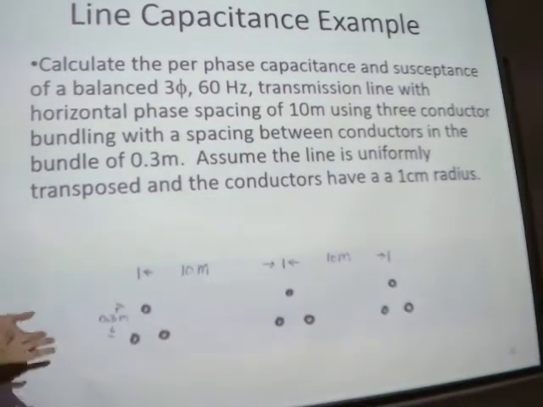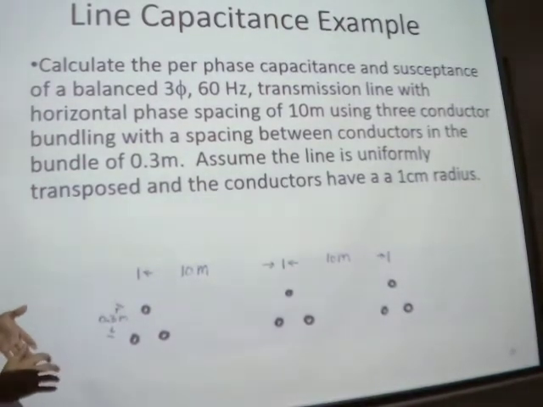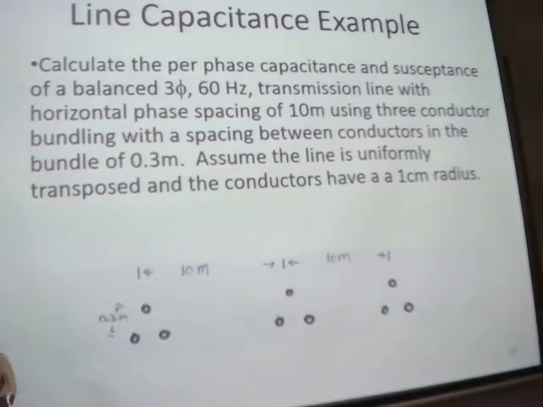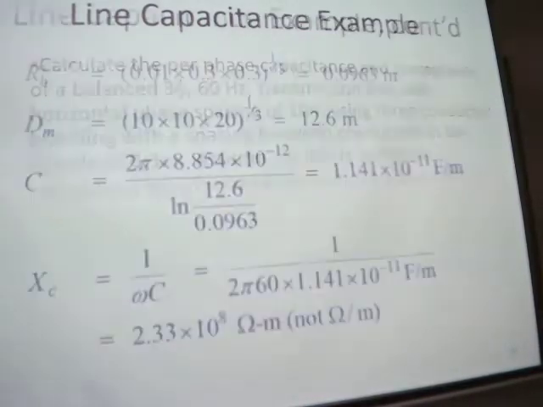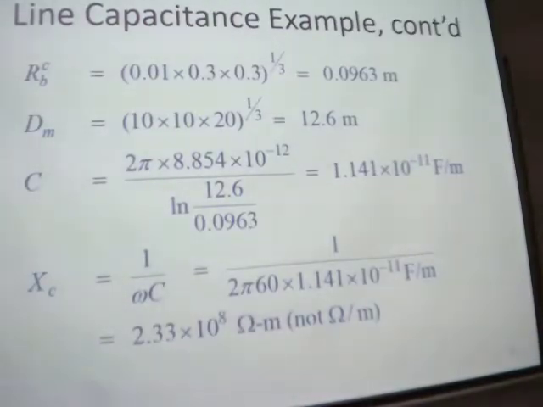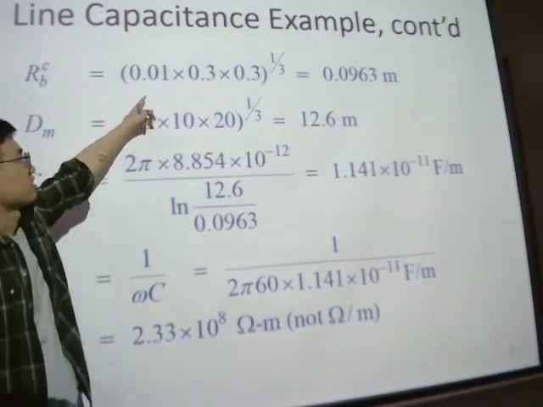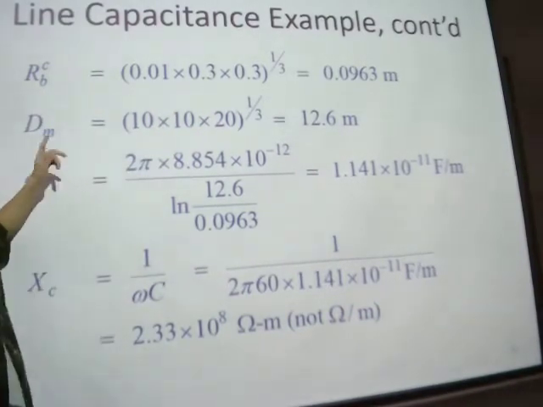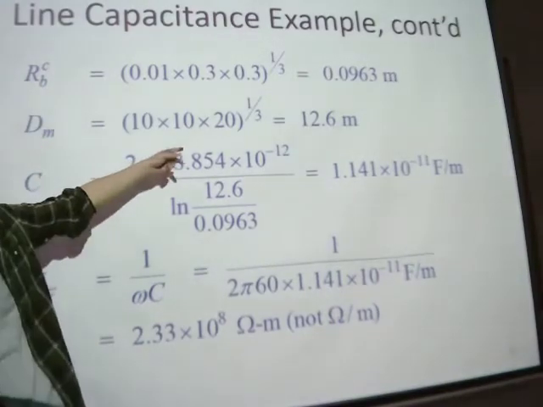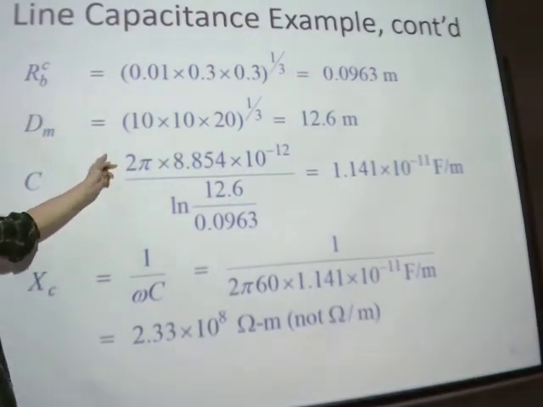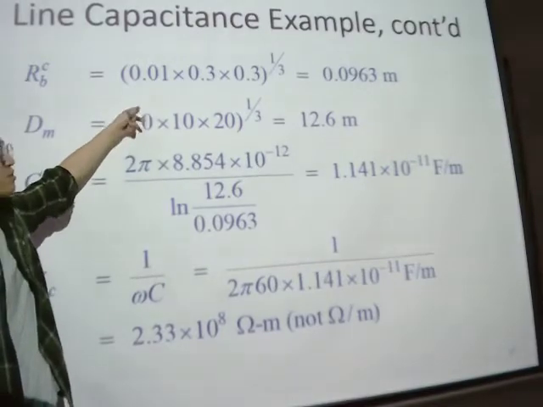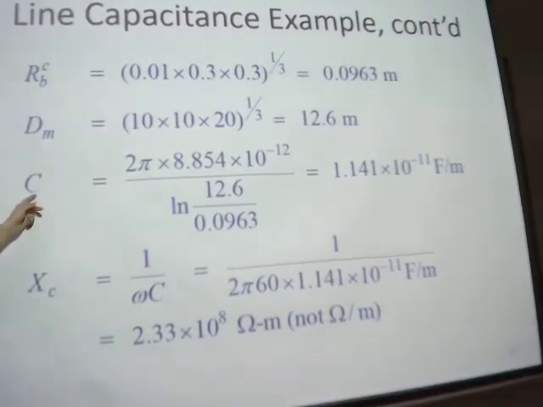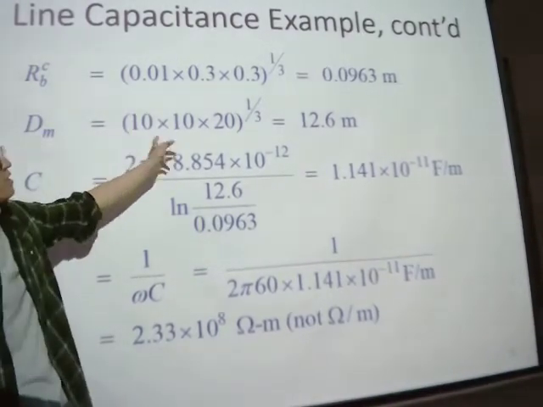We will not calculate these examples, but it is quite easy. This is the GMR using these equations, and the GMD uses these equations, giving the capacitance with all these values.